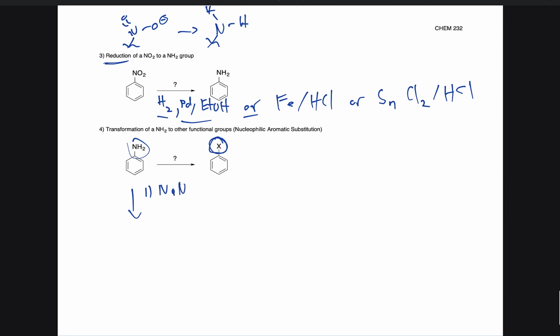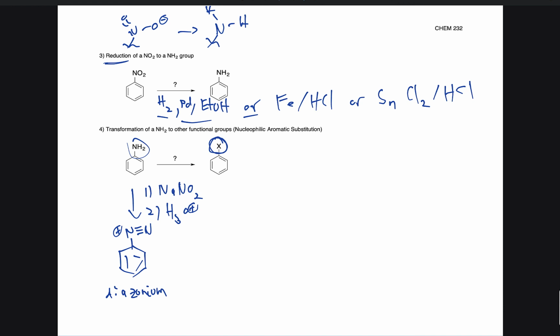So we have sodium nitrite, and then H3O plus as a first set of conditions that transforms NH2 into the following compound, N2 plus, to this compound called a diazonium compound, or diazonium salt. And so what this is, is a group that's now a really, really good leaving group.